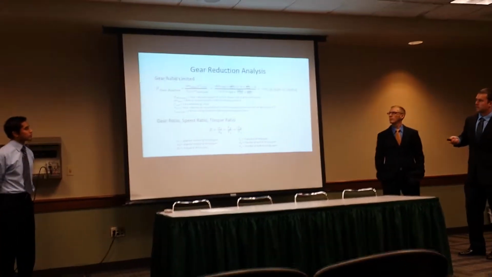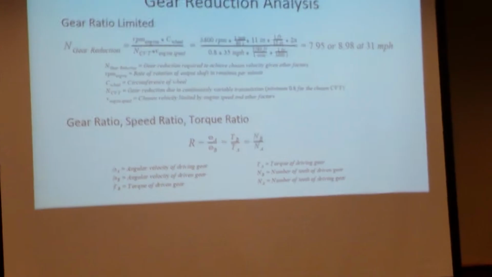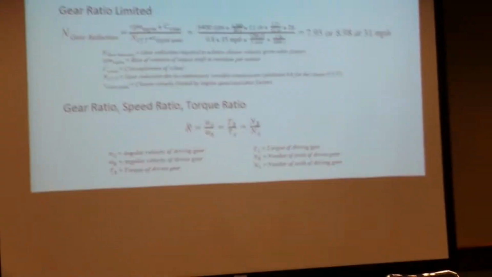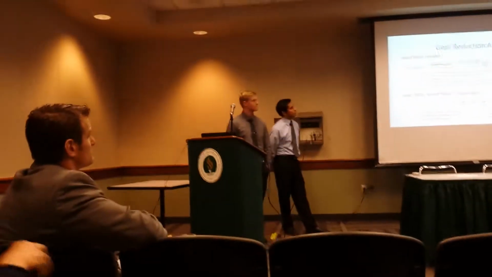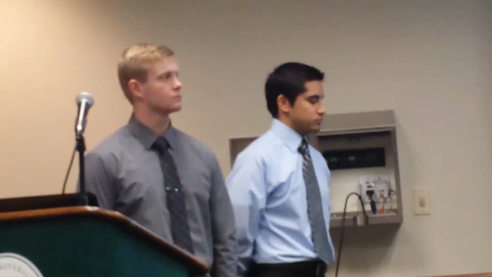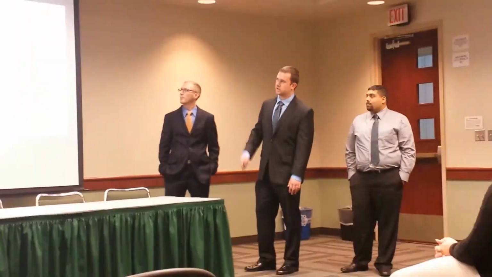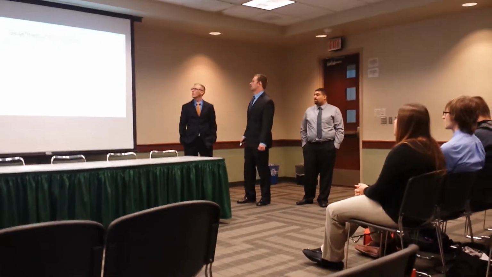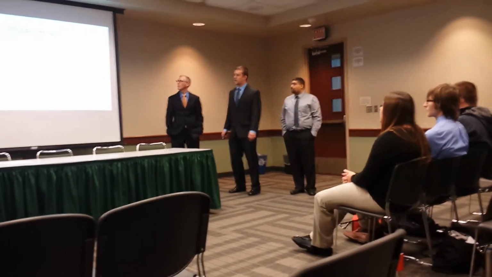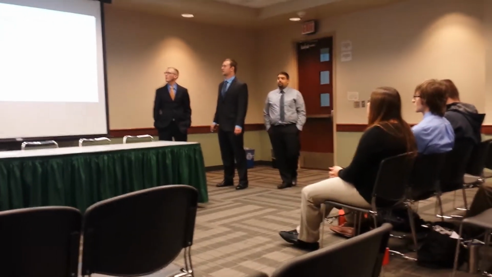However, we don't actually need to get 38.5 miles per hour, and the torque would suffer for that. So we actually went with about 8.5 gear ratio, which is within this range that the top equation demonstrates is required in order to get that velocity.